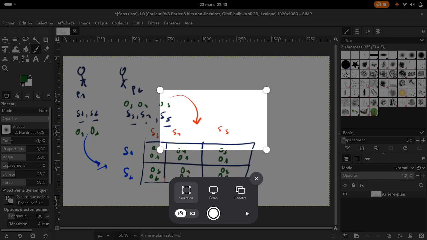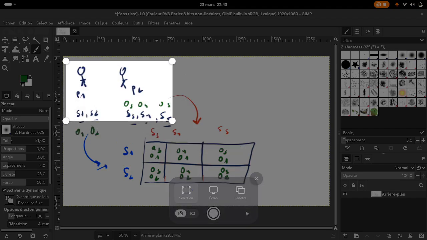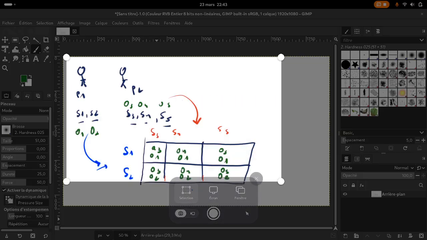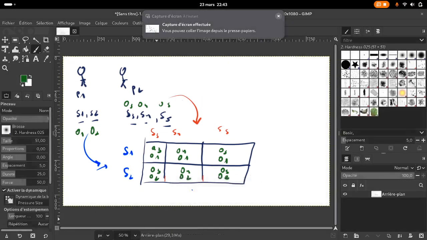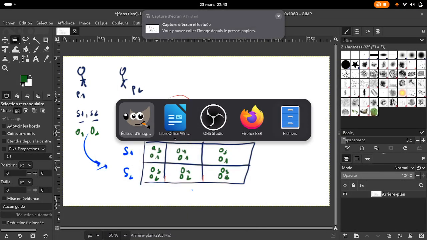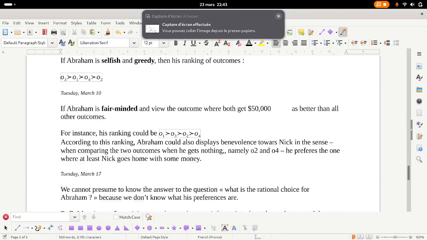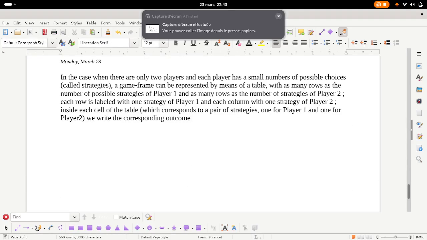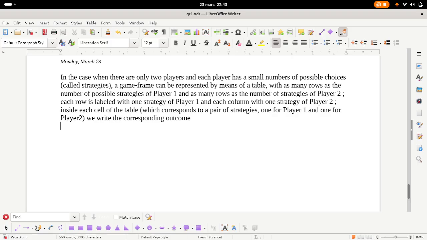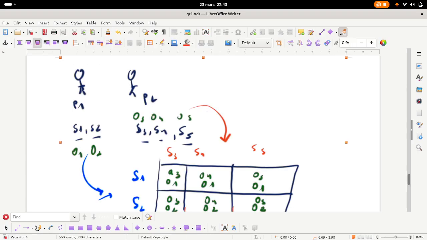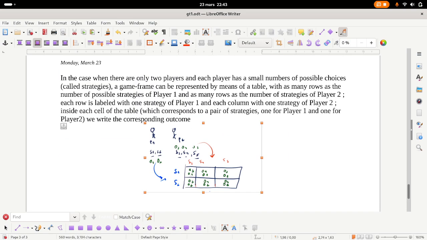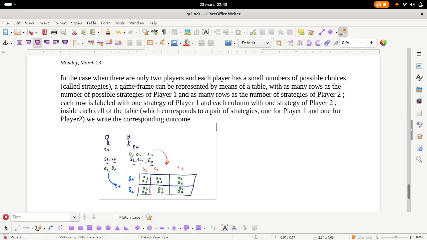Voilà. Now we have our representation of a game frame, which is naturally a table.